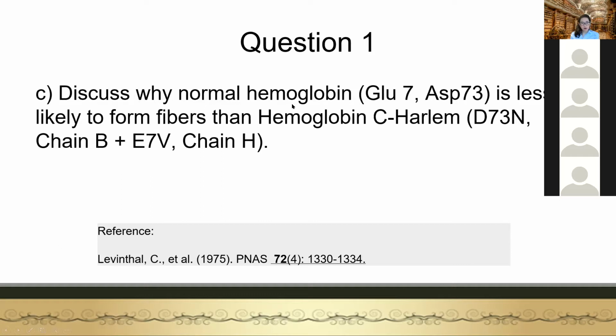Discuss why normal hemoglobin glutamate 73 aspartate is less likely to form fibers than hemoglobin C Harlem. So I will teach you how to do this by Discovery Studio.